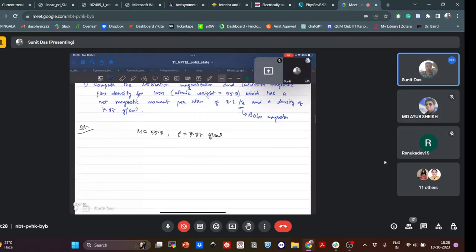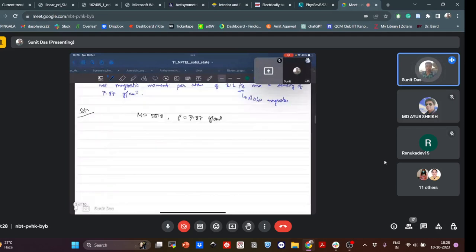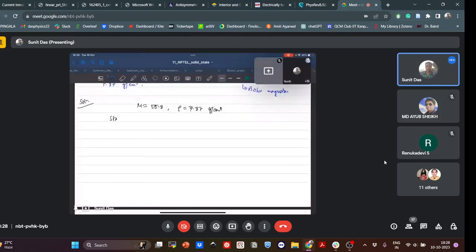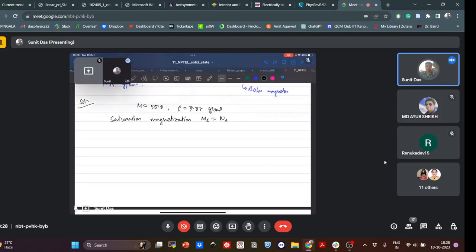So to find the saturation magnetization, Ms will be the number of atoms times the magnetic moment per atom. Na will be confusing, since it is used to represent the Avogadro number. So, the number of atoms in the system times the magnetic moment per atom.